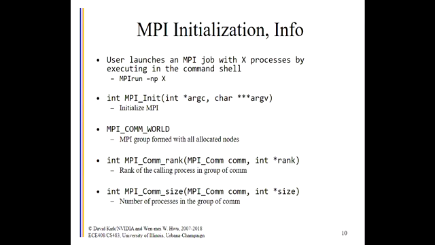And this is a wish, okay? This is a request. Whether or not the system gives you that many depends on whether the system has that resource. After you enter the application, the system will tell you how many processors or nodes you actually got out of your request.